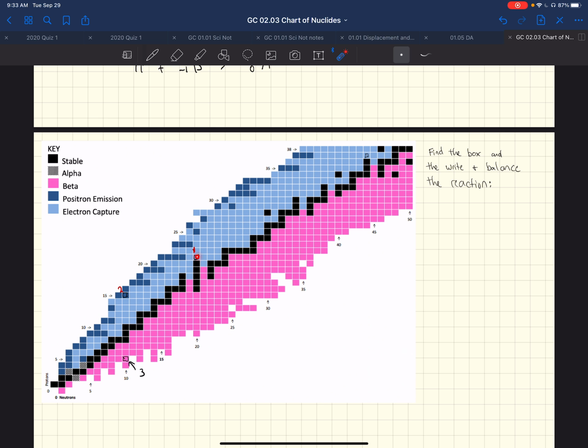So this has 20 neutrons and 21 protons. And when I look at the chart, that is going to undergo electron capture.